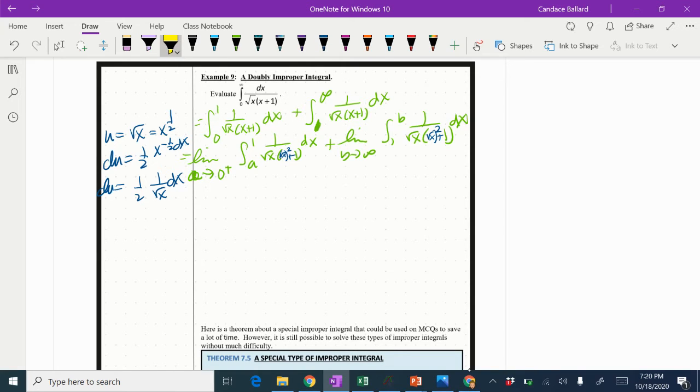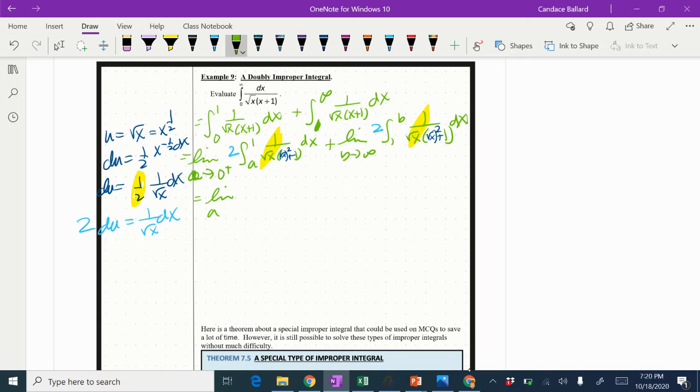I have that 1 over square root of x part. So the only piece I'm missing is the 1/2, but as I move that to the other side, I get 2 du equals 1 over square root of x dx. So I just need to add a 2 in front of these. I'm going to take that shortcut there. I'm going to go ahead and show the u sub just because it's a trickier one.